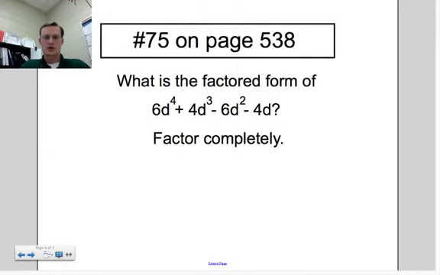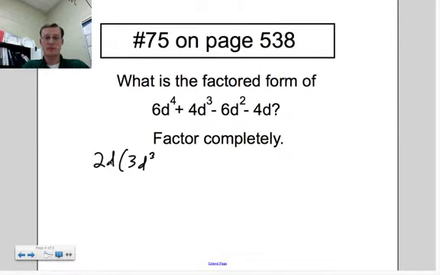So first of all, do I see anything in common with all 4 of them? Well, I notice that 2 divides into all of them. I also notice that there's at least 1d in every single one of these. So we have 2d. Well, 6d to the 4th divided by 2d is going to be 3d to the 3rd.